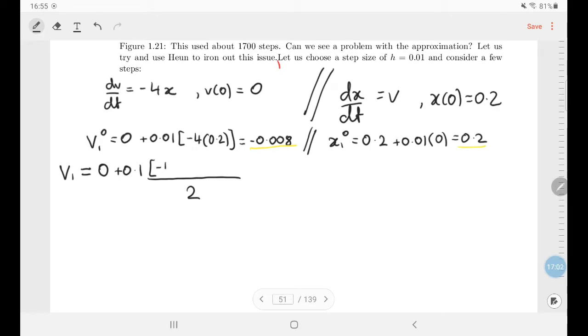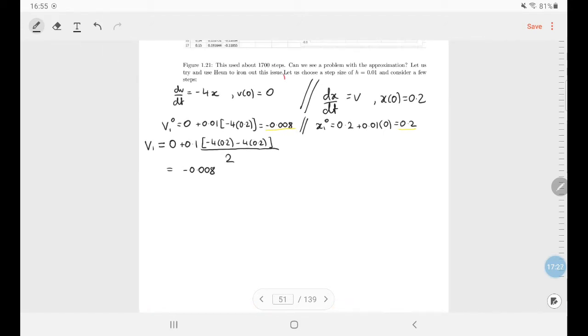So it's minus 4 times 0.2. That's the slope at the previous point. Now, what does Euler say is the next point? Euler says that the next x value is also 0.2, so we're not going to get any change here. So this is also going to be minus 0.008. I'll probably do a few iterations of this, maybe two.